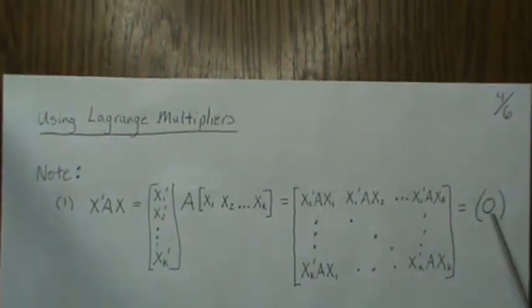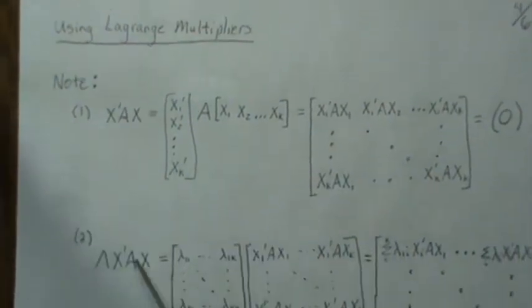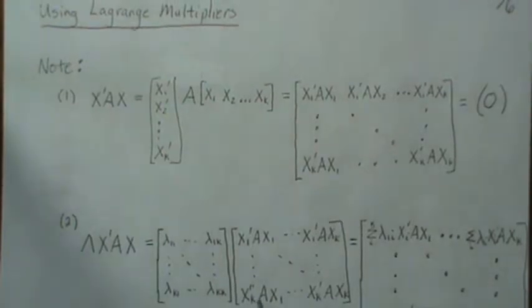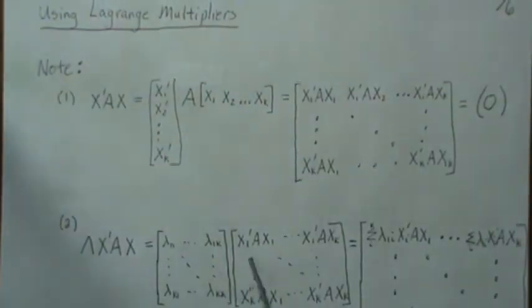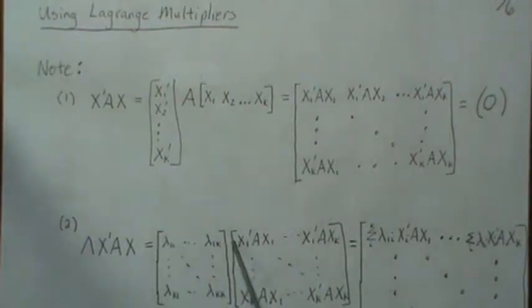What they do in the book is they multiply this times a lambda matrix, and so we get this. Now we could take the Hadamard product of these two, because then we'd get a lambda parameter for each one of those, and then we would have to take the sum of every element.